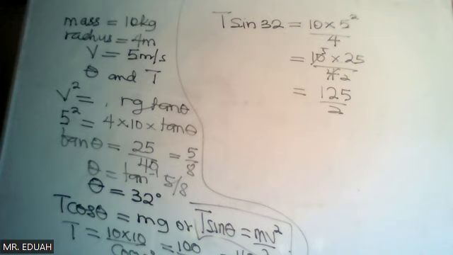Take gravity, please. A pendulum bob of mass 2.0 kilogram is attached to one end of a string of length 1.2 meter. The bob moves in a horizontal circle in such a way that the string is inclined at 30 degrees to the vertical.